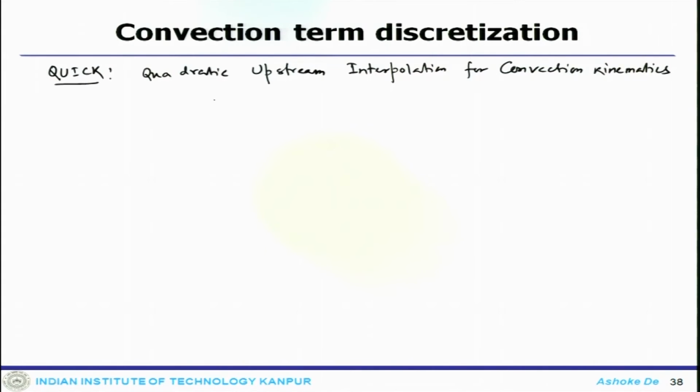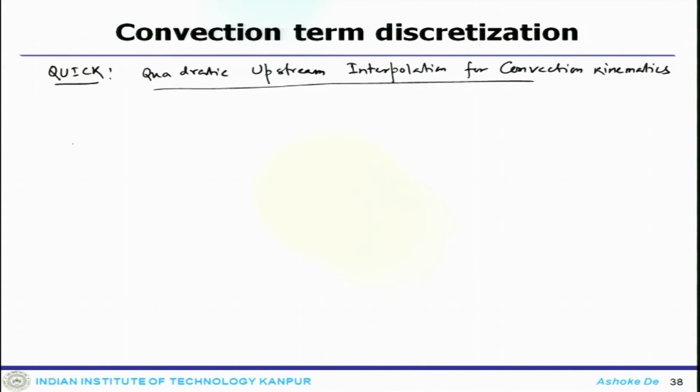QUICK is quadratic upstream interpolation for convective kinematics. So, that is what QUICK stands for.